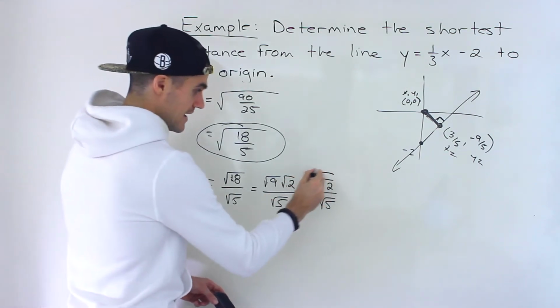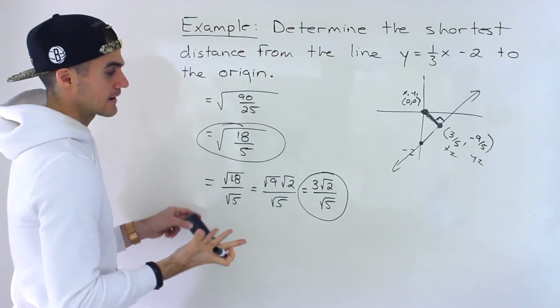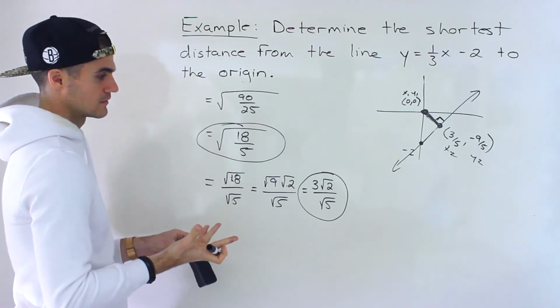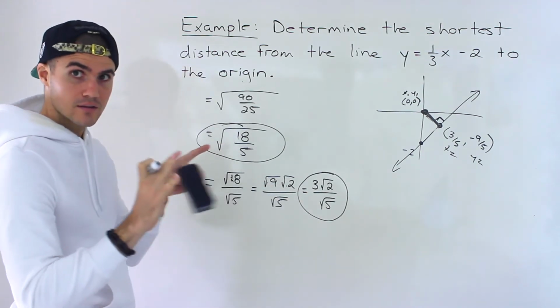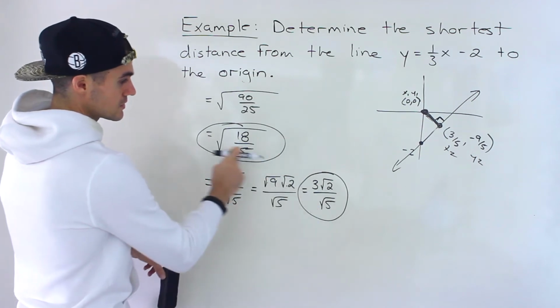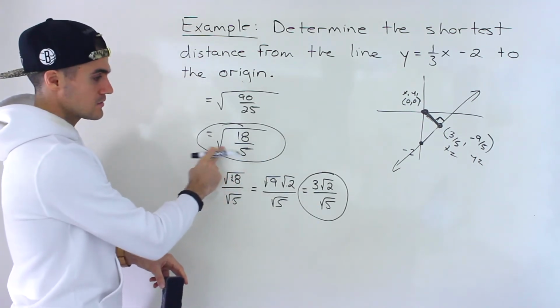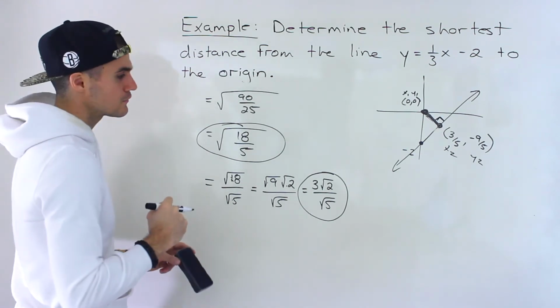So this and this, they're the exact same thing. If you plug this into your calculator, and you plug this into your calculator, the decimals will be exactly the same. And look how much different this looks from that. That's what I'm talking about in textbook solutions being in different formats.